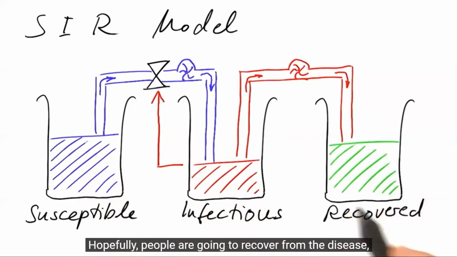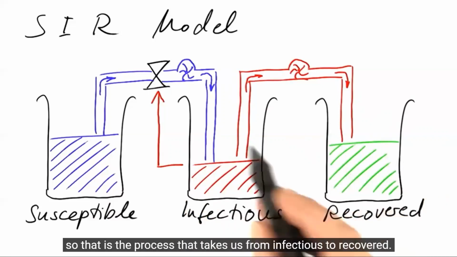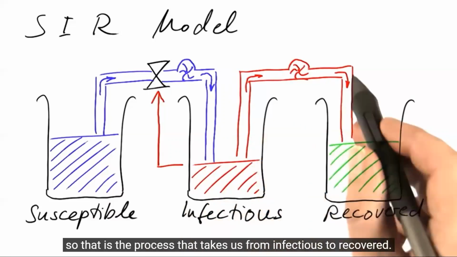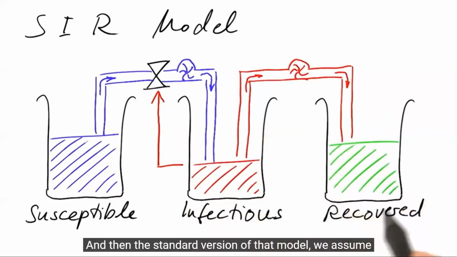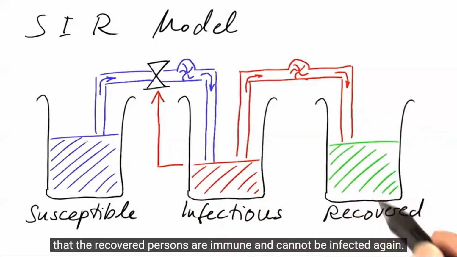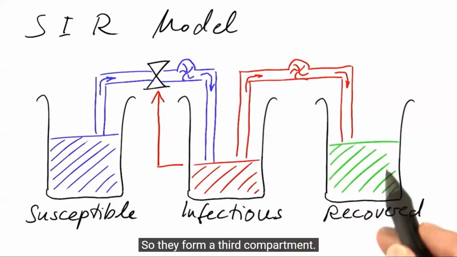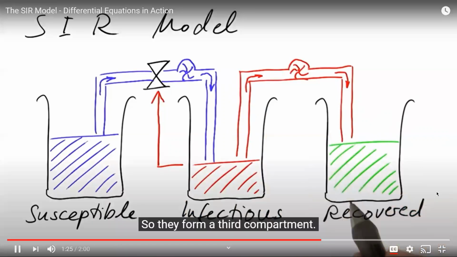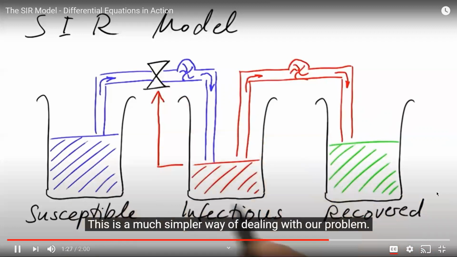Hopefully people are going to recover from that disease, so there's a process that takes us from infectious to recovered. And in the standard version of that model, we assume that the recovered persons are immune and cannot be infected again. So they form a third compartment. This is a much simpler way of dealing with that problem.